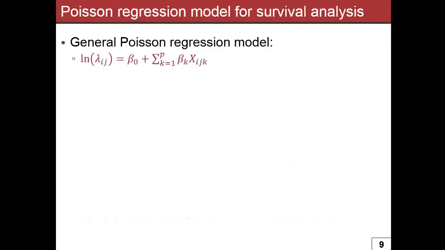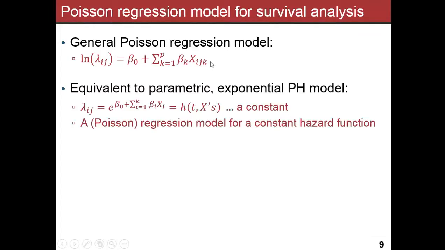And so again, here's one way to represent the Poisson regression model. The log of the rate is equal to the intercept plus the sum of these betas times x's. As we just motivated, you can think of this as an exponential parametric proportional hazards survival model, where the h0 of t term goes away, and now the hazard rate is equal to e to the beta naught, or intercept, plus the sum of the beta x's.